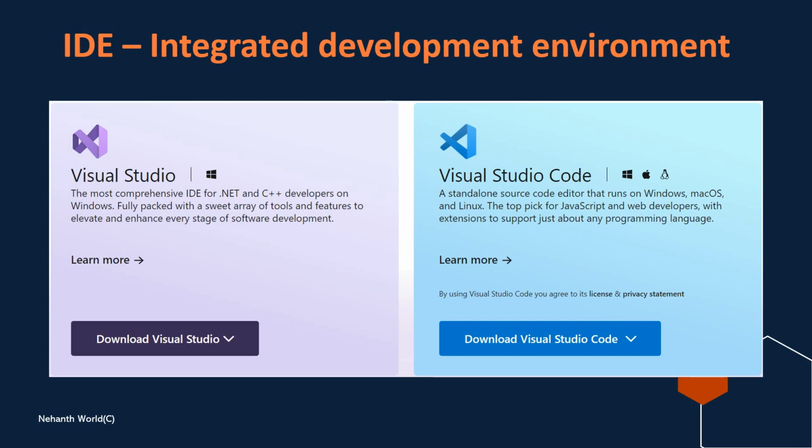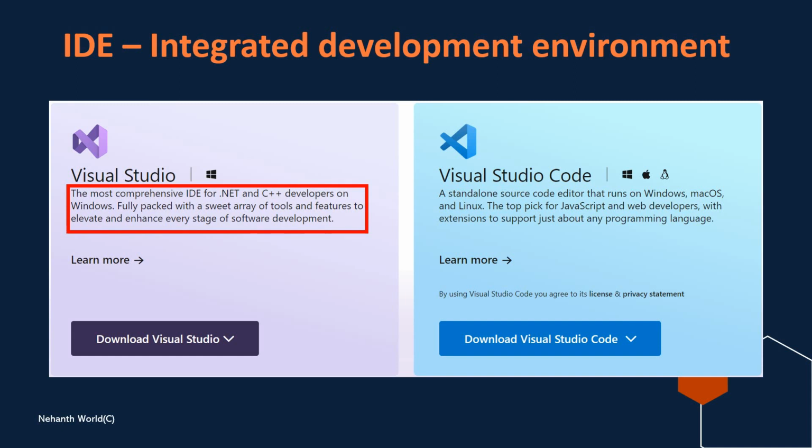This Visual Studio is from Microsoft, and we have two different versions of Visual Studios. First one is the Visual Studio. It is the fully qualified IDE from Microsoft, and you can see here this Visual Studio we can use only in Windows.